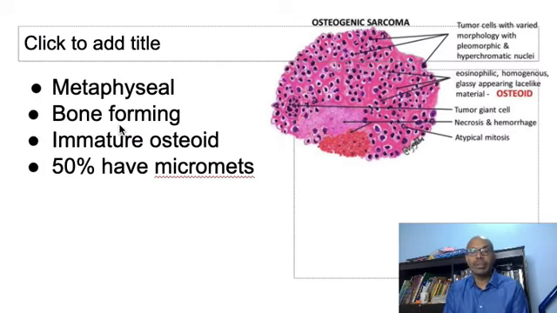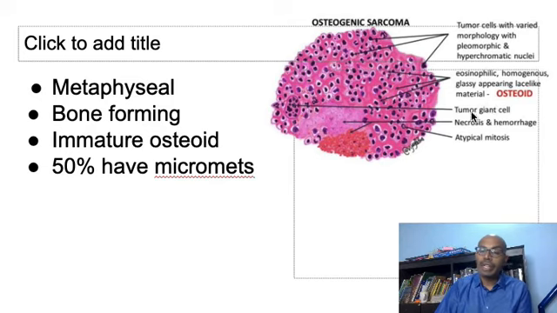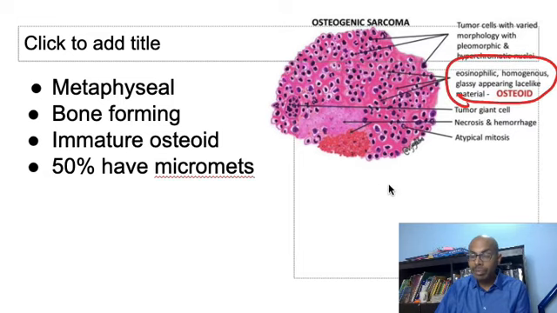What is the histopathological appearance of osteosarcoma? It is basically made up of lacy appearing, glossy appearing material. Immature bone is formed, that is woven bone, and there are mitotic changes, atypical mitosis, necrosis and hemorrhage.